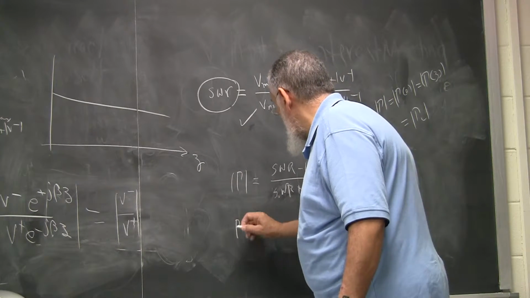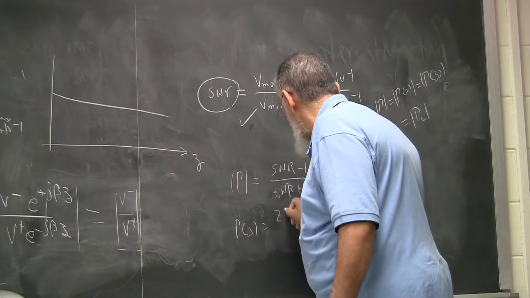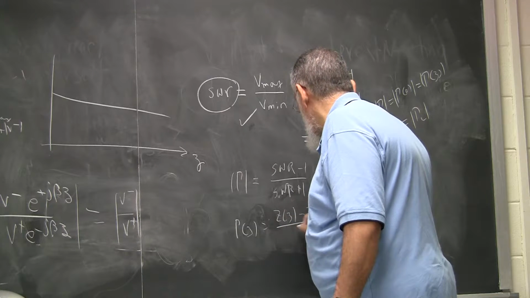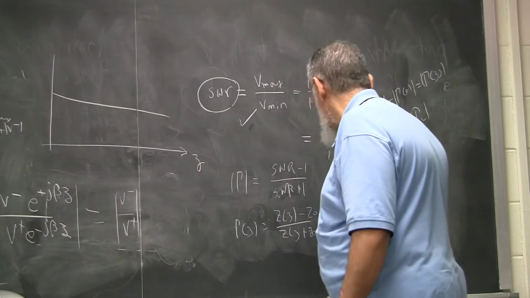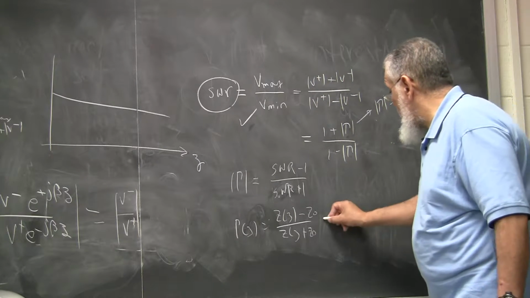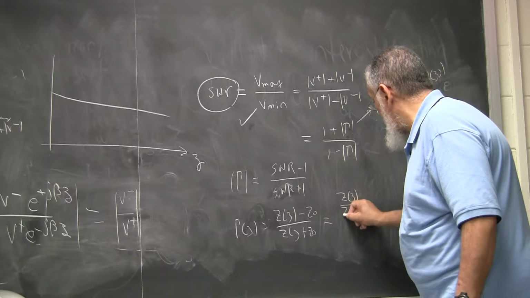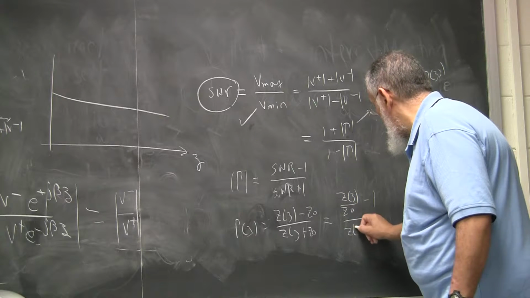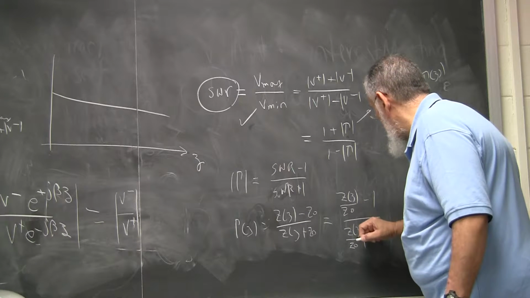If you write gamma of z, for example, it was Z of z minus Z naught divided by Z of z plus Z naught, which can be written as Z of z over Z naught minus 1 divided by Z of z over Z naught plus 1.